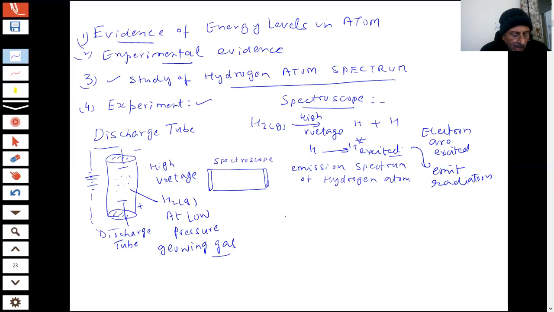Students, usually we are aware of a continuous spectrum that you see when light is emitted, where you see all wavelengths of emitted light.